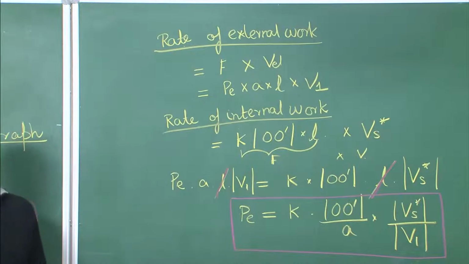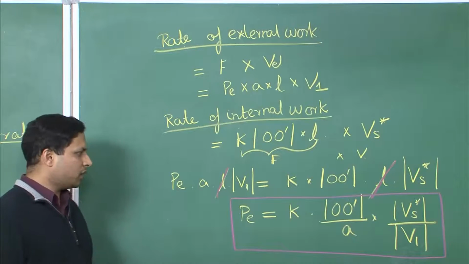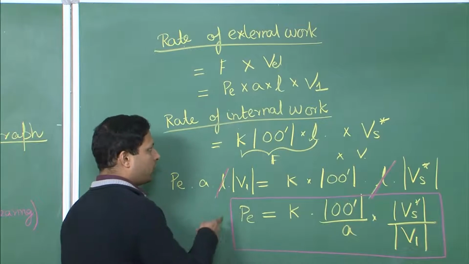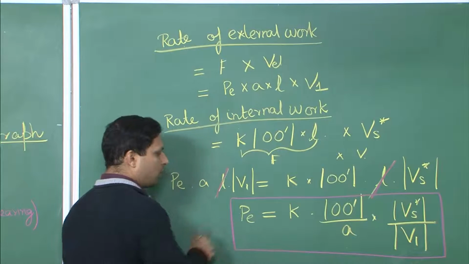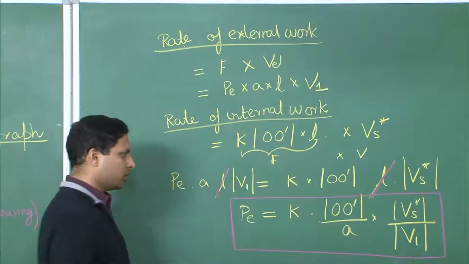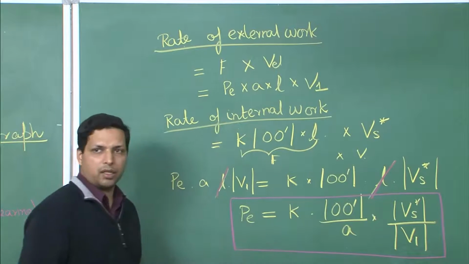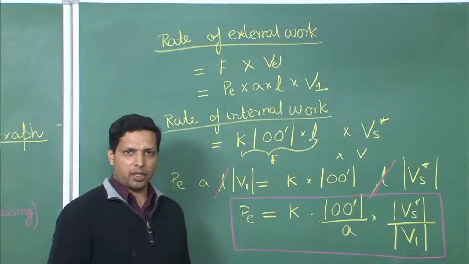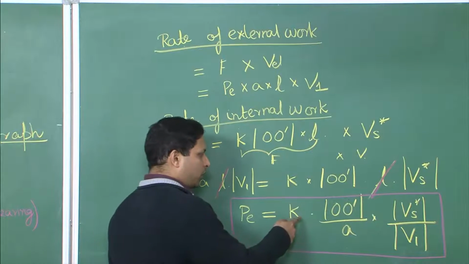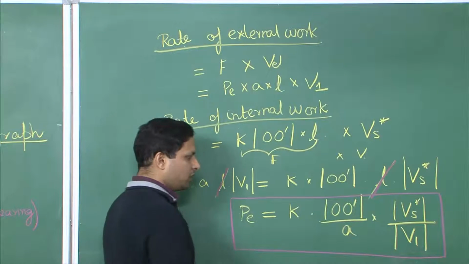So, by equating the rate of internal work to the rate of external work, we are able to get a relation for P_E, the extrusion pressure, and it comes out like this. So, it is in terms of the shear strength of the material. So, overall form of the equation will remain same no matter what material you take; the only thing you will have to change when you change material is the shear strength of the material.